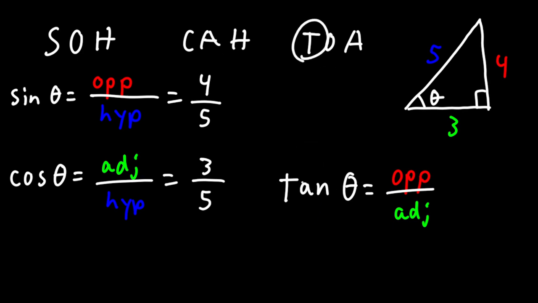The T is tangent, the O is correlated with opposite, and the A is correlated with adjacent. Tangent is opposite over adjacent, again from a left to right order. Opposite of theta is 4. Adjacent to theta, or the side closest to theta that's not the hypotenuse, is 3. So tangent of theta is 4 over 3.